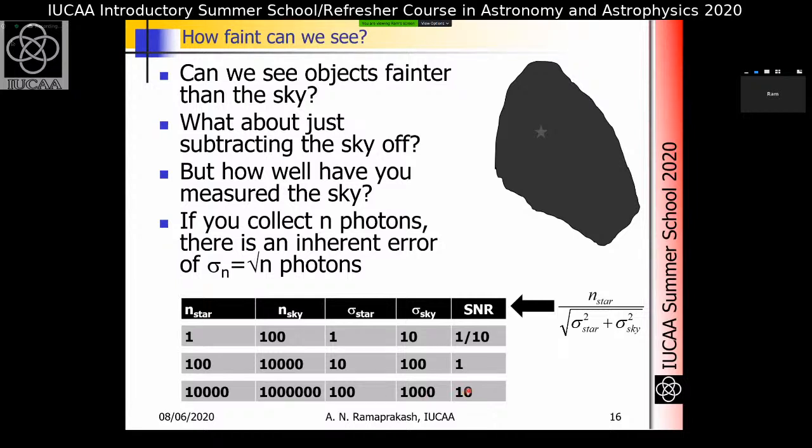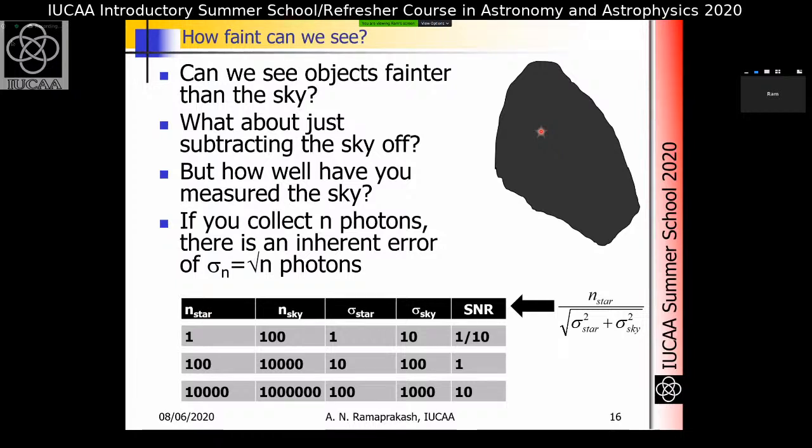What you are trying to say is the star is producing from here 1,000,000 plus 10,000 light is the total photons you can get from this direction. 1,000,000 photons you get from here. Each has this uncertainty, but that total uncertainty is still smaller than the extra light coming from the star. So when you subtract it off, you know for sure that this extra light is coming from an object and not a random fluctuation of your signal measurement itself.